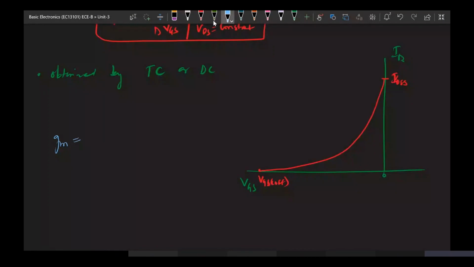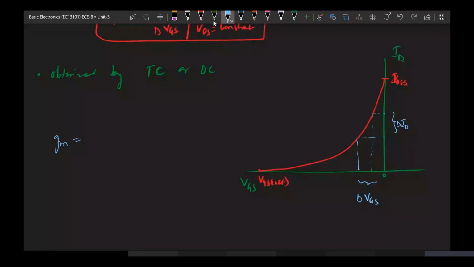we need to find out the change in ID. We take two different values of ID. For these two different values of ID, we find the value of VGS. This will be change in VGS, and this is change in ID.